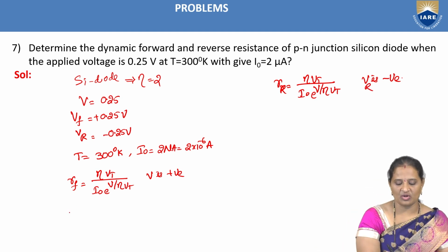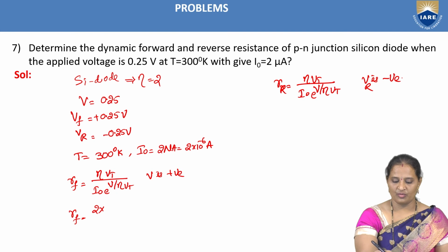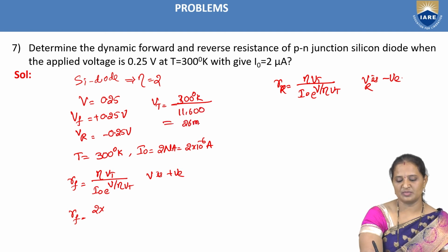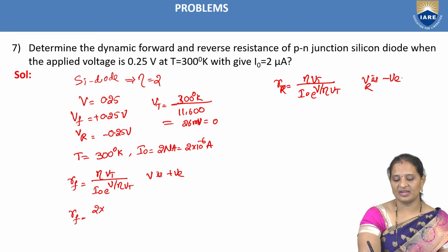So just substitute all the values. RF equals 2 into Vt. Vt value we didn't know that, right? As the temperature is 300 degrees Kelvin, Vt is 300 divided by 11,600. You will get it as 26 millivolts, which is nothing but 0.026 volts.